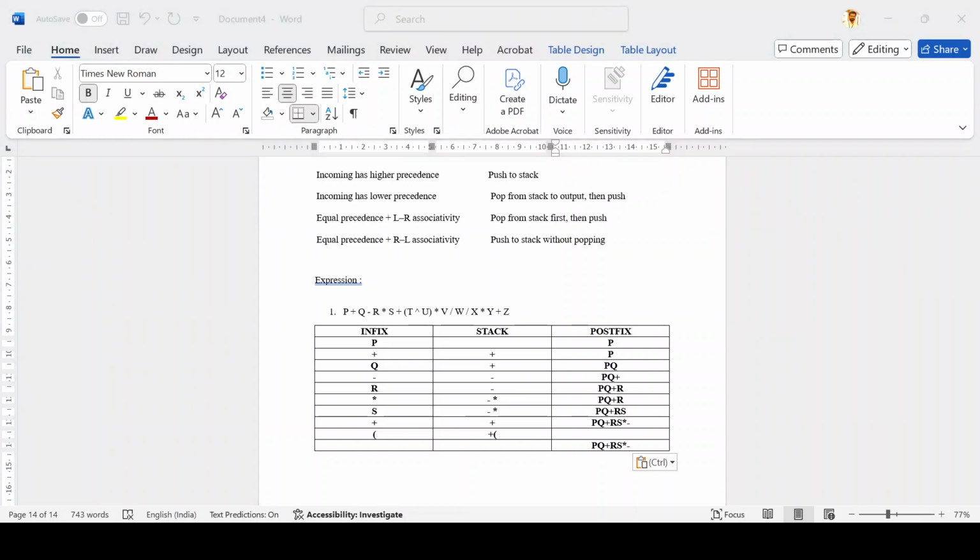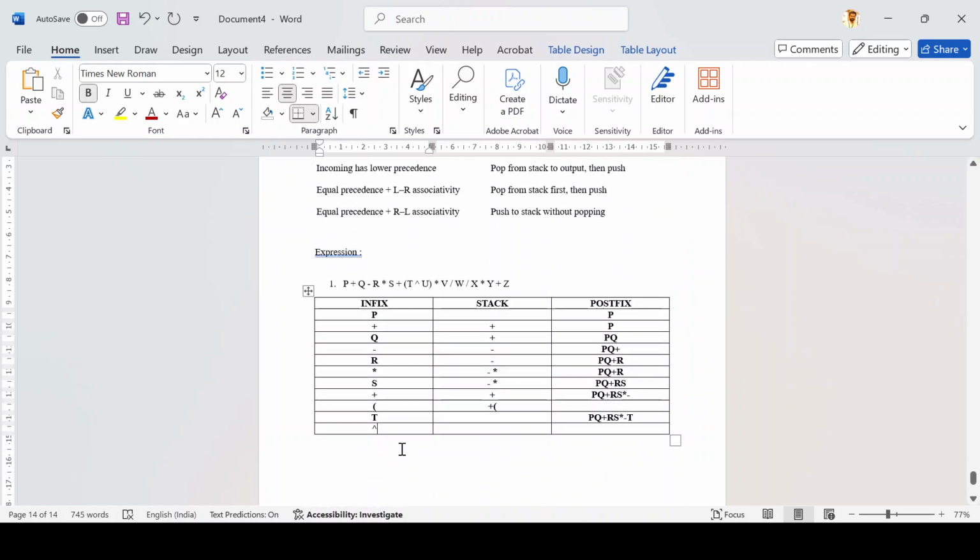Correspondingly, we have a T that goes to the final expression, and then we will have an exponential term. The exponential term will be pushed inside the stack.